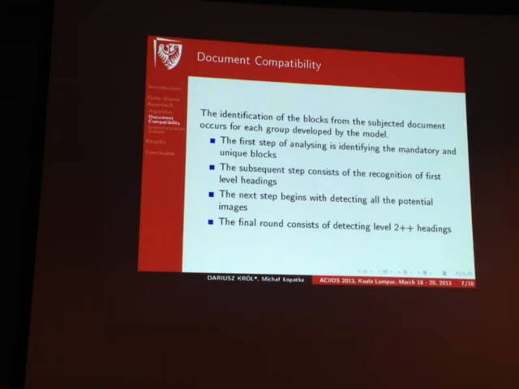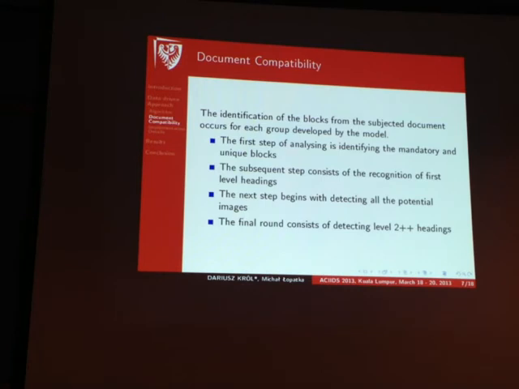For example, acknowledgement is not obligatory, but sometimes it is there. The subsequent step is the recognition of first level headings. Usually in scientific papers we have at least first level headings.